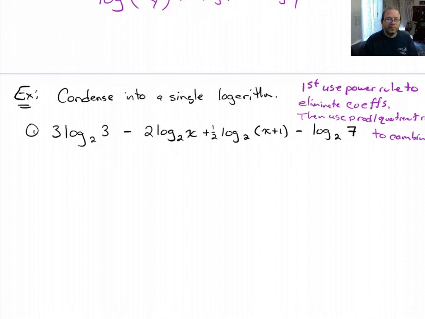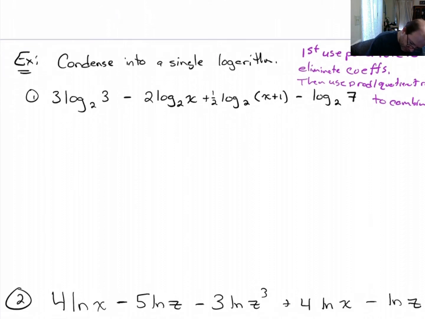All right. So let's do this. This one here, let's see, all my logs are the same base, so that means we can actually do this. So this one is going to be log base 2 of 3 to the third.